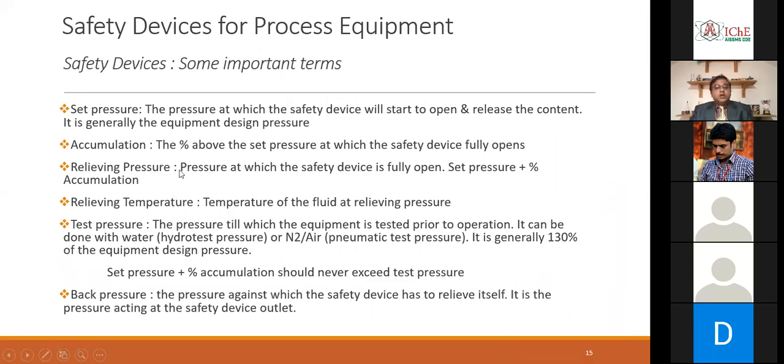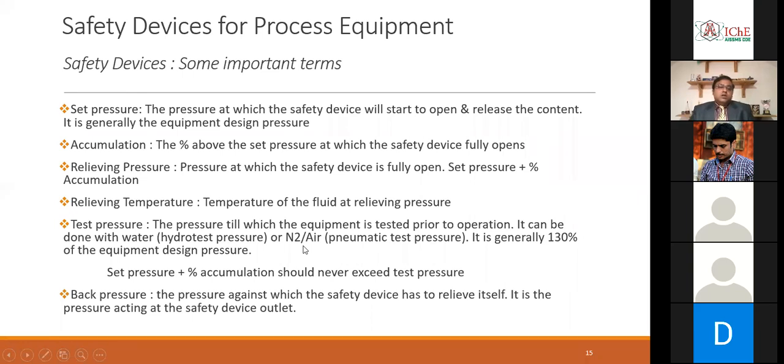Relieving pressure is nothing but the sum of set pressure plus accumulation. For the previous case, my accumulation is 10%, my set pressure is 10 bar, so my relieving pressure, the pressure at which the safety valve is fully open, is 10 plus 1, 11 bar. Relieving temperature is the temperature of the fluid corresponding to the relieving pressure.